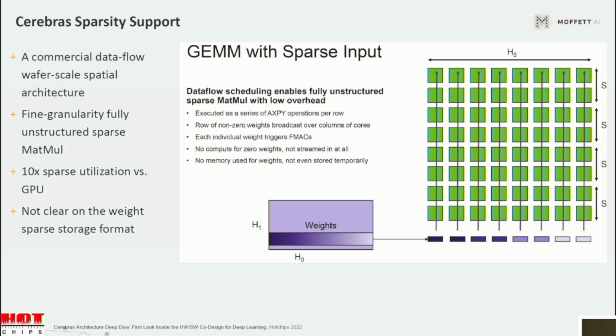In 2022, last year, they can support unstructured sparsity with 10x sparsity utilization compared to GPU. It's not clear what the weight sparsity storage format is. I think they probably use zero detection logic without compressed weights inside the memory. That's my guess.